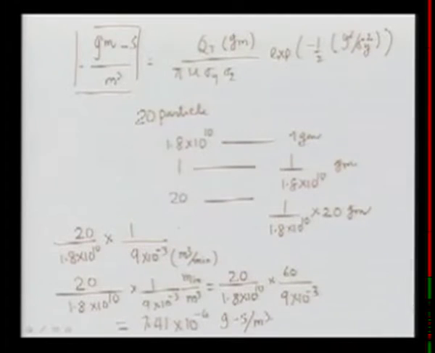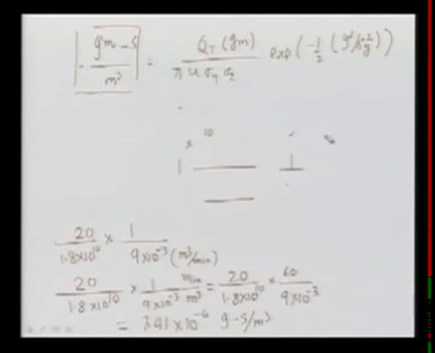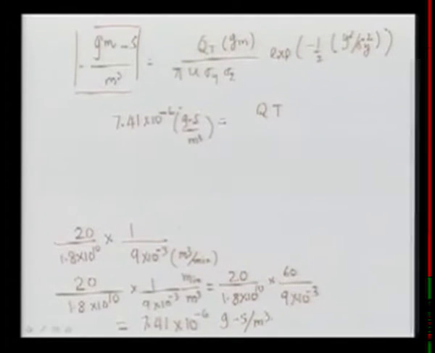So now I can remove this, and then I can write here 7.41 into 10 to the power minus 6 grams second per meter cube. Q_T is what I want to find out.